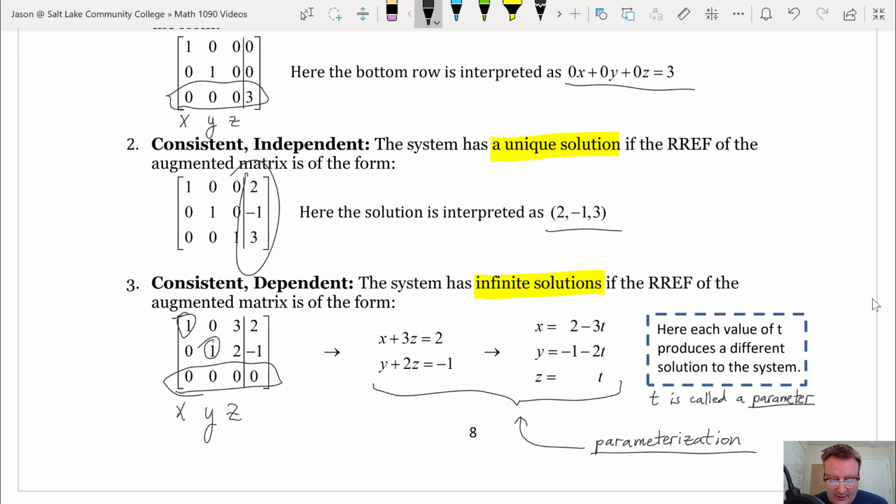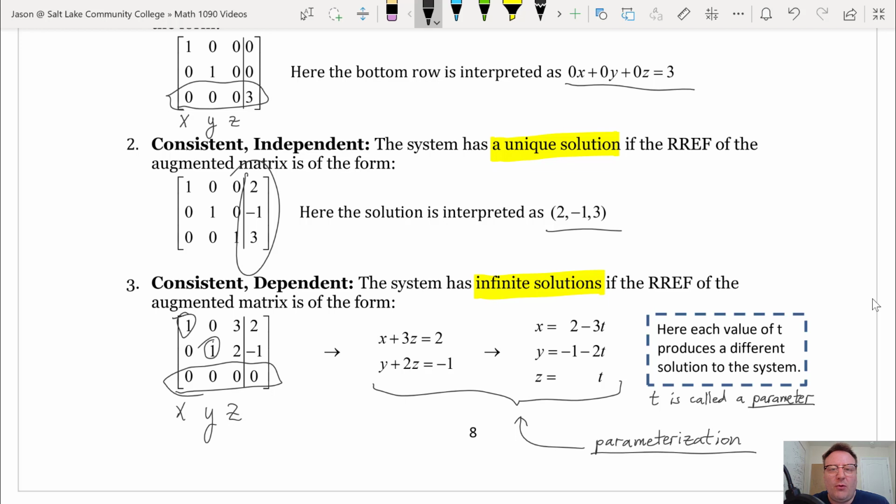Okay. So then what we do to write down the solution set to such a system is take the two remaining equations, and to this we add the equation z equals t.